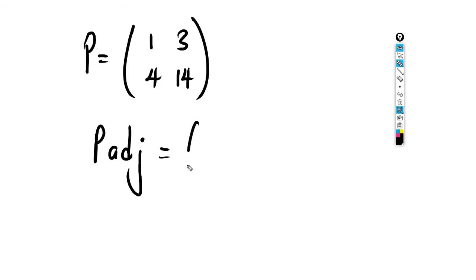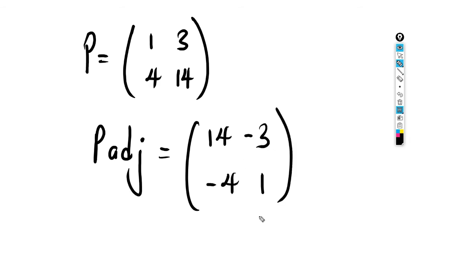P adjoint is equal to, you switch the main diagonal, so that's 14, 1, and then you put a negative sign on that 3 and a negative sign on that 4. That's P adjoint. Looking simple, guys, really not too bad.